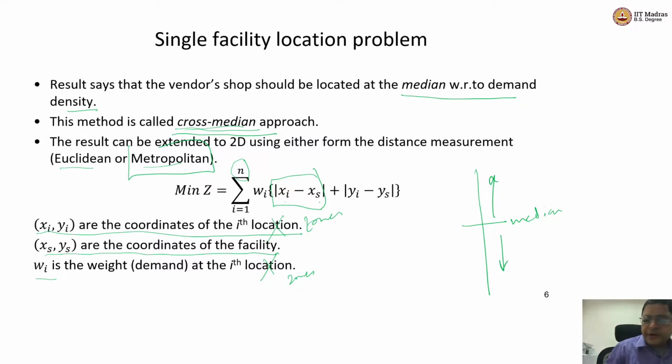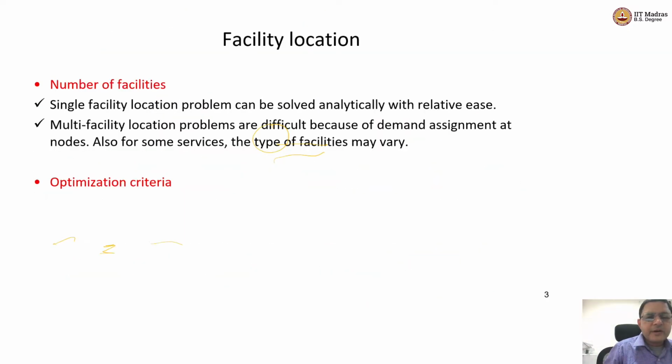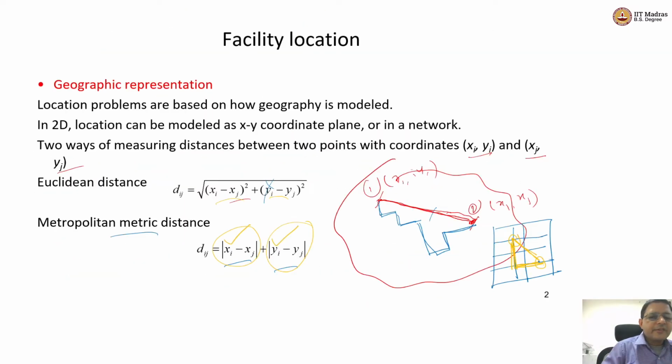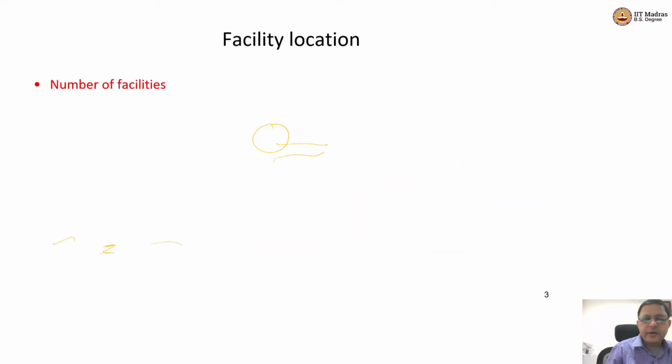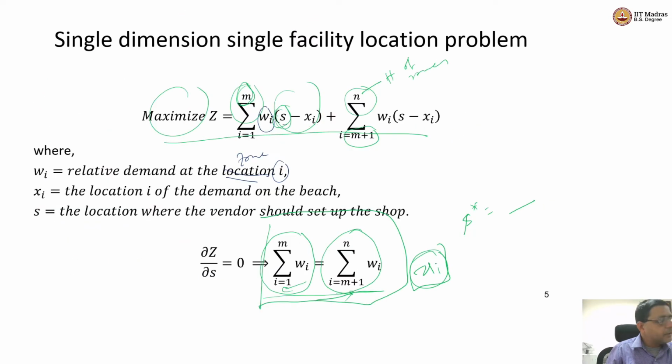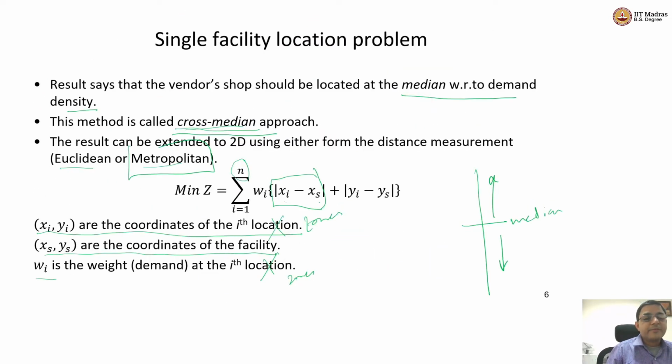Remember what the Metropolitan distance measure was? Distances are measured as the amount of travel in the horizontal direction plus the amount of travel in the vertical direction, unlike the total distance travelled according to Euclidean distance.